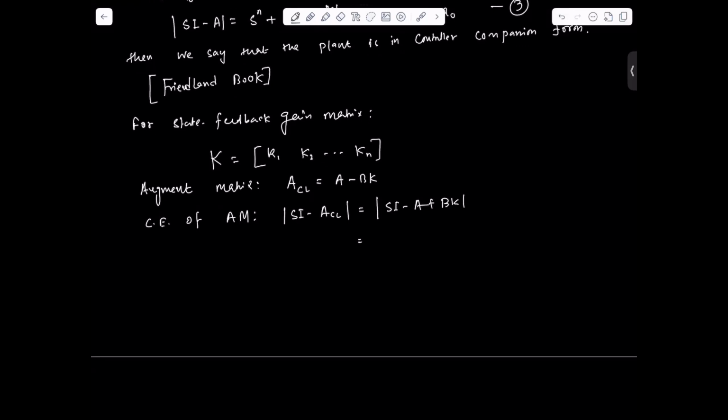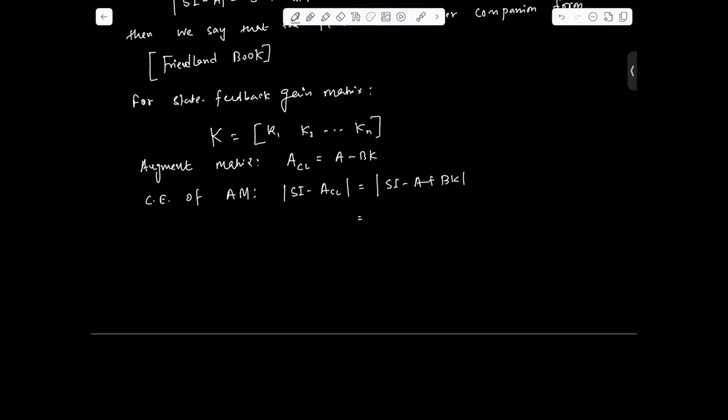Let's define the characteristic equation as s to the n plus alpha n minus 1 s to the n minus 1 plus alpha n minus 2 s to the n minus 2, dot dot dot, plus alpha 1 s plus alpha naught. Let us define this as equation number 4.